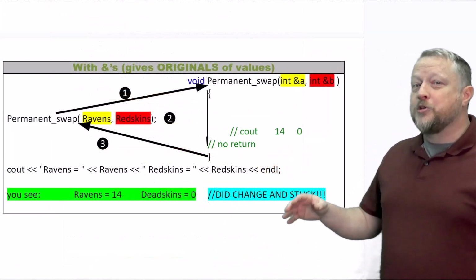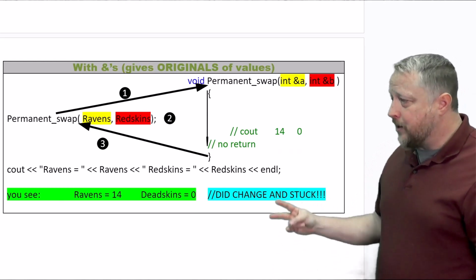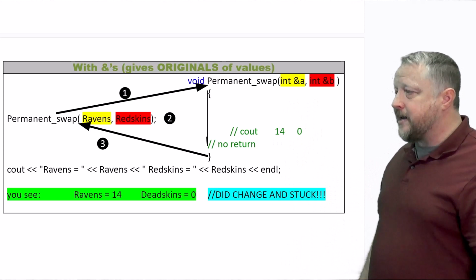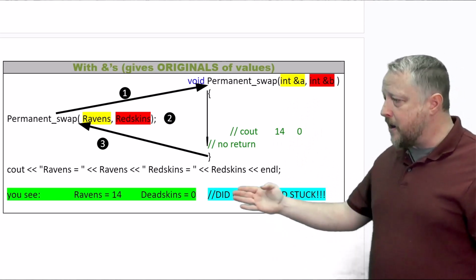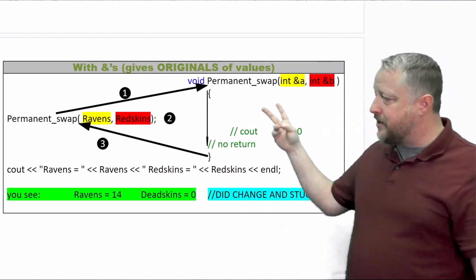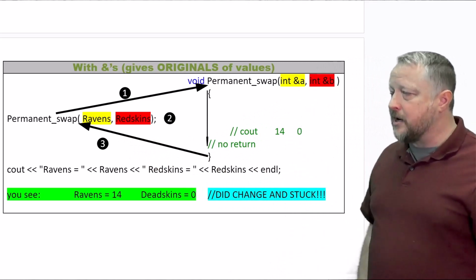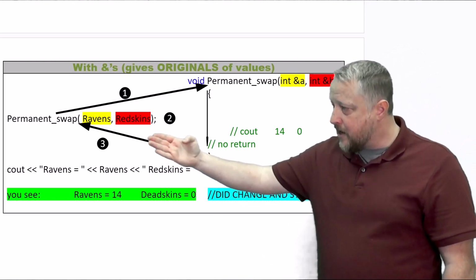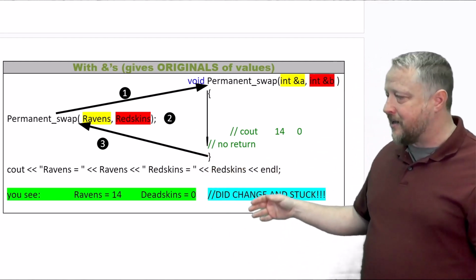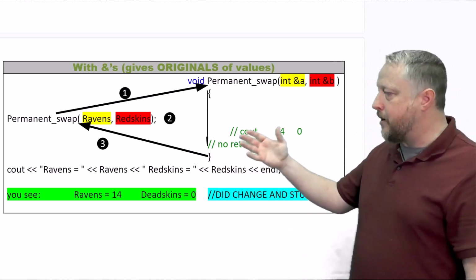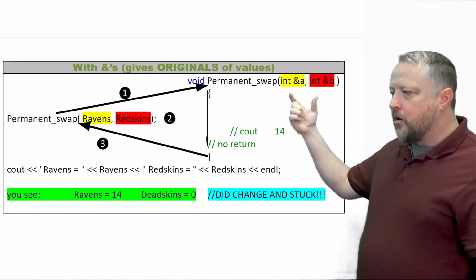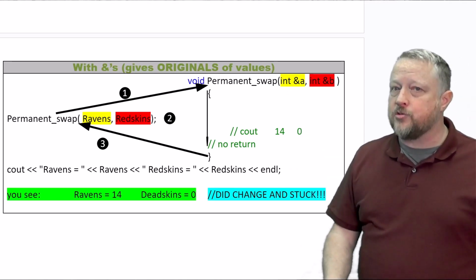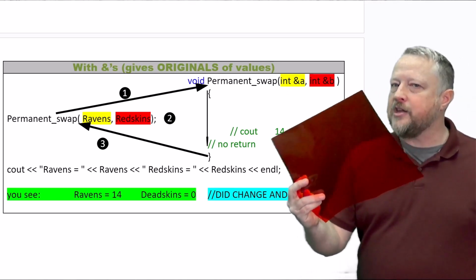Here's almost the exact same code. The only difference in C++ is the ampersand. And notice, by the way, the ampersand's not over here. It's in the name of the function. The function's telling us, I want direct access to both Ravens and this time the Redskins. I can't stand that team, which is not even called the Redskins anymore. But anyway, I am going to pass those two values, but not just pass them. I am giving the originals.